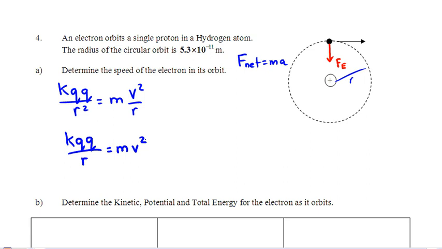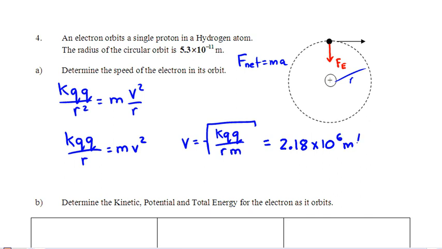So if we keep going, it looks like the velocity is going to be, after we divide by the m, the square root of k, q, q all over an r and an m. So you throw all the numbers in, and by the way, just trivia, it's around 2.18 times 10 to the 6 meters per second.